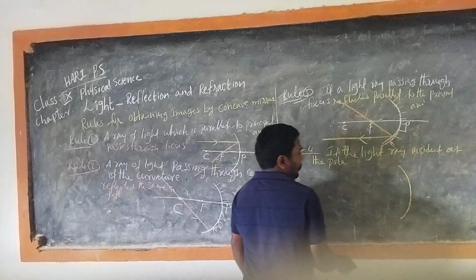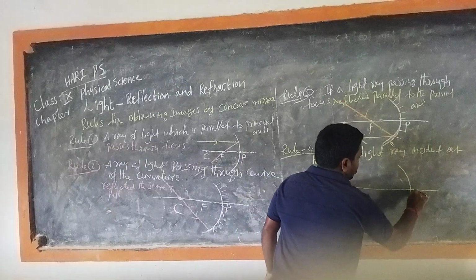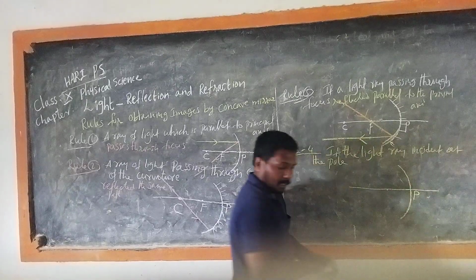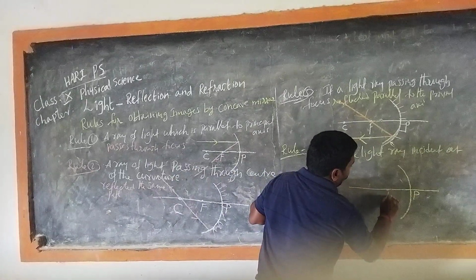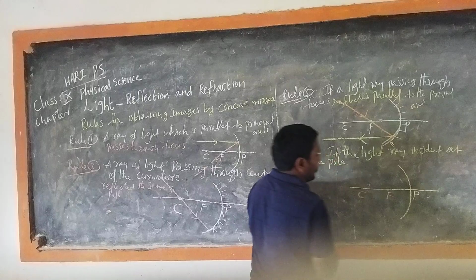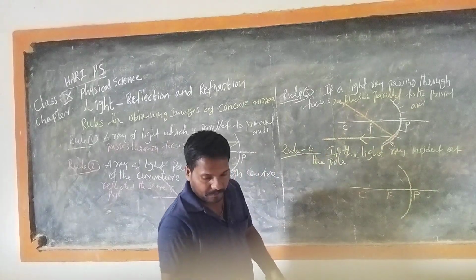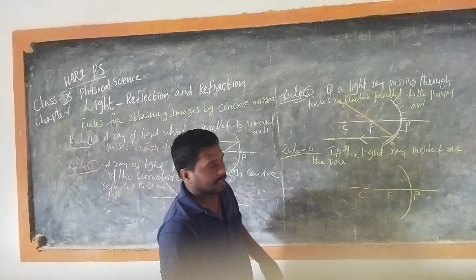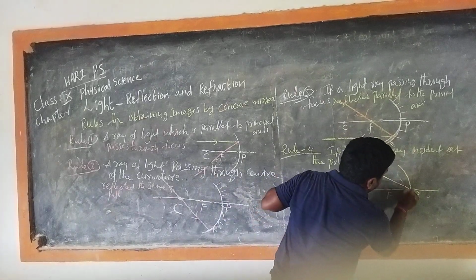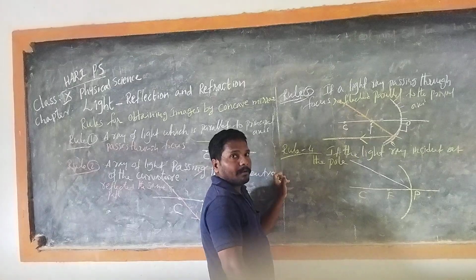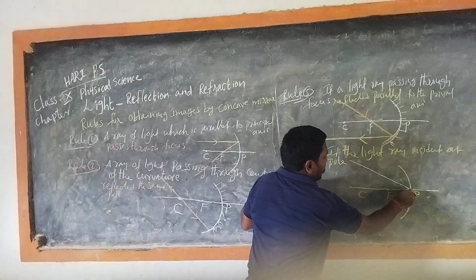So the concave mirror, principal axis, pole, then this is the focus and center of curvature. If the light ray is incident on the pole, what will happen?